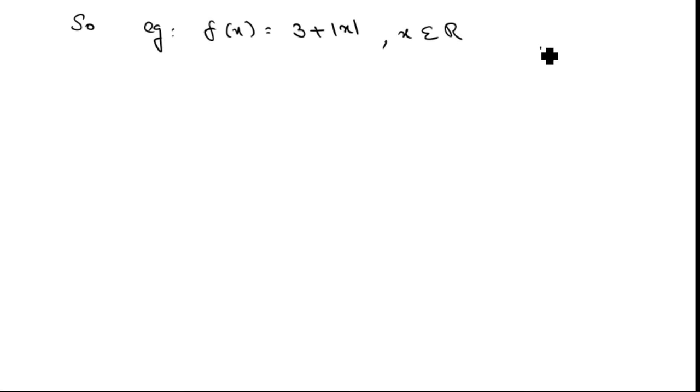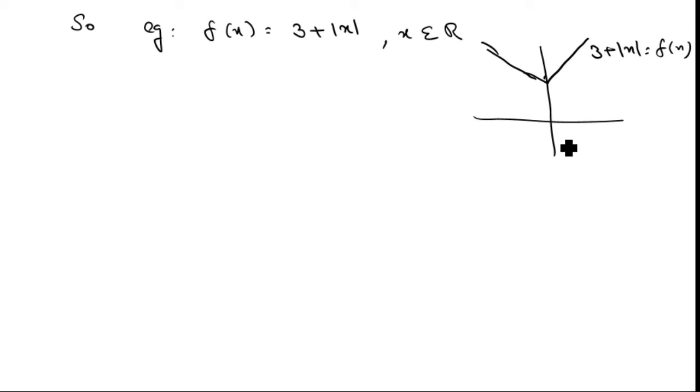Therefore 3 plus absolute value of x is also not differentiable. This is the graph of 3 plus absolute value of x. It's not differentiable at x equal to 0, because at 0, the left hand side derivative is negative, the right side derivative is positive.